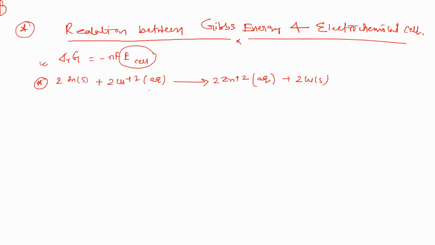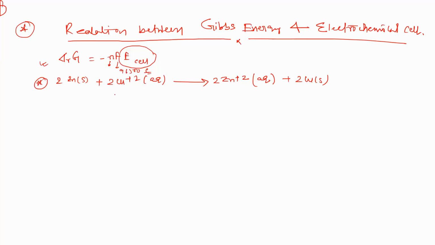If I express the equation, from that equation we do not know actually how many electrons are involved, because n is the number of electrons and F is the Faraday constant, 96,500 coulomb. I will come later to how this F value comes. But n is the number of electrons, so we have to know how many electrons are involved in this redox reaction.